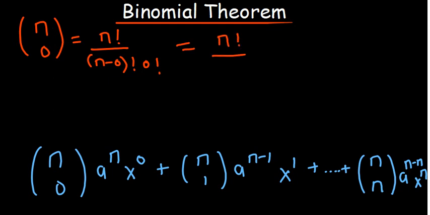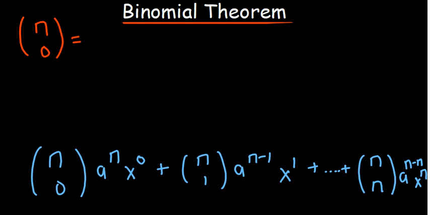N minus 0 on the bottom is just n factorial. 0 factorial is just 1. So this will always be equal to 1. So any value of n choose 0 is always going to be equal to 1. Okay, now I want you to take note of that.